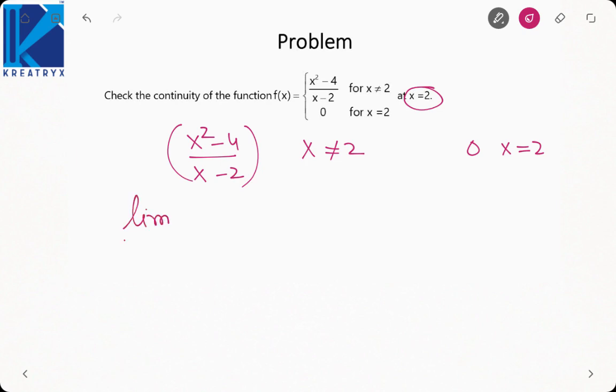So what I will do is take the limit as x tends to 2 of (x square minus 4) over (x minus 2). First of all I will check whether or not the limit exists.